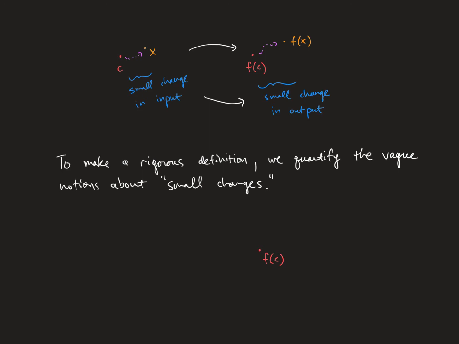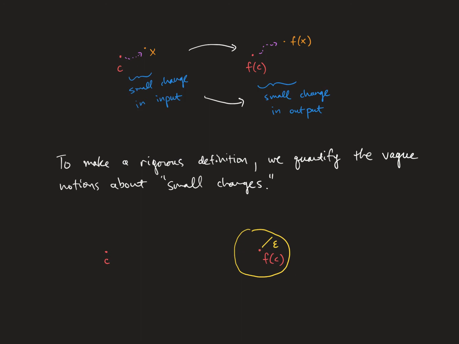I challenge you to keep the change in the output less than epsilon by suitably restricting the change in the input. So the skeptic is going to say, I bet you can't make your output differ by less than epsilon from f of c by suitably restricting the input around c.